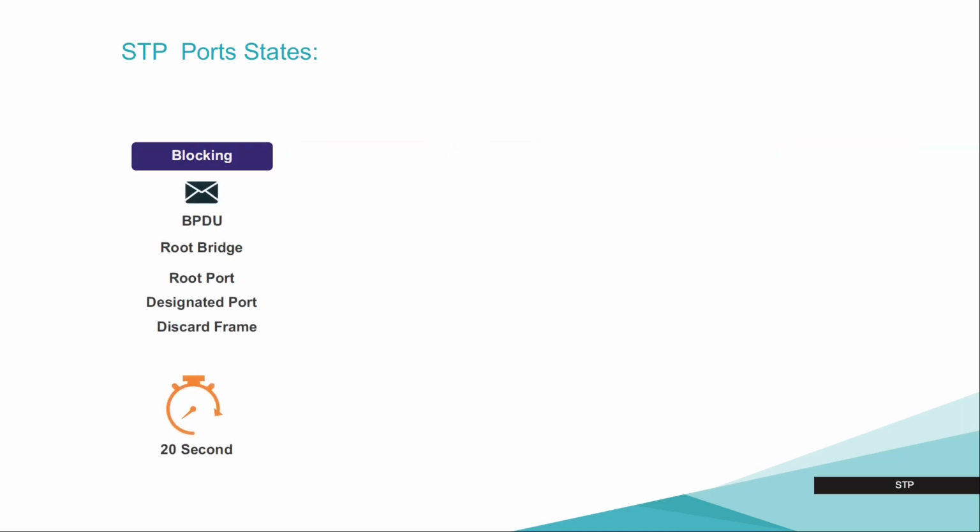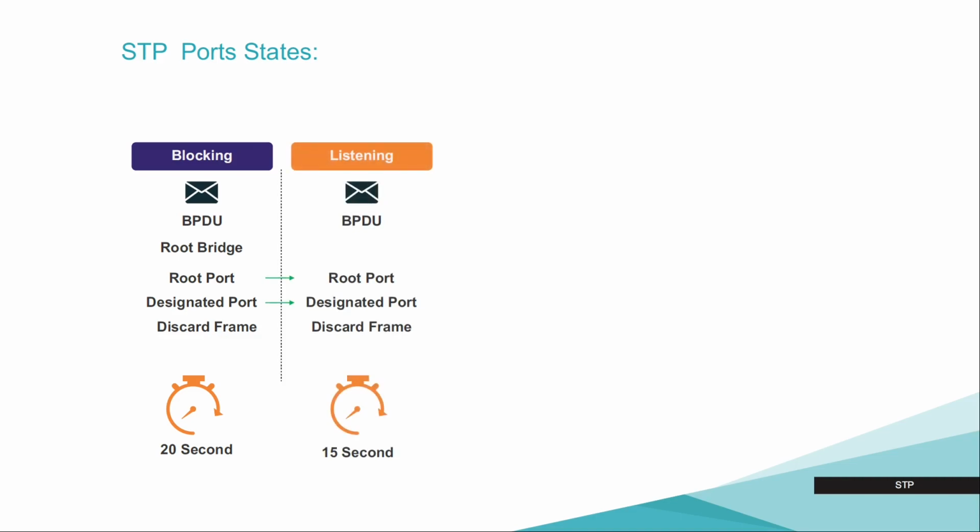In the blocking state, only the BPDU message will be sent, the root bridge will be chosen, and all the ports, the root ports, the designated ports will be in that state, and there is no forwarding for any frame. Any frame will be discarded. The blocking state takes 20 seconds.